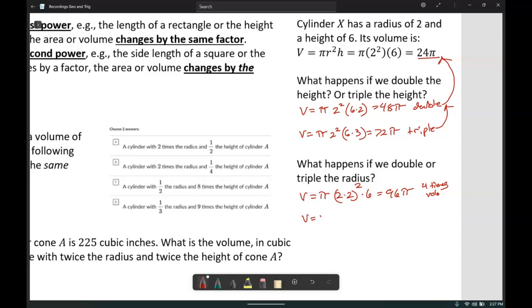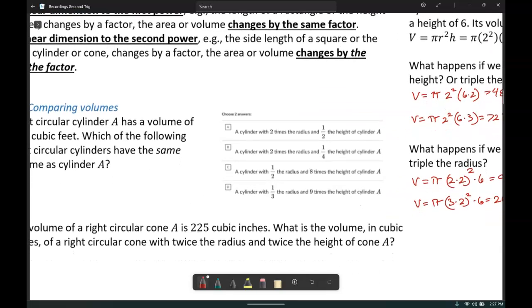And if we triple it, we get 216 pi, which is 9 times the original volume. So we are getting the square of the factor.